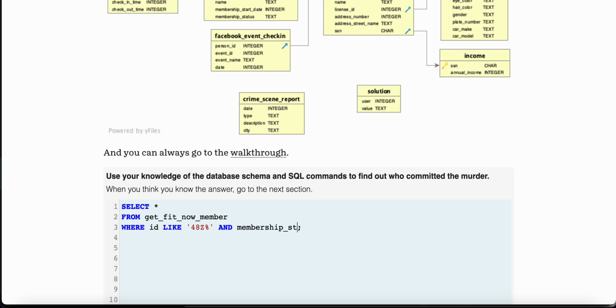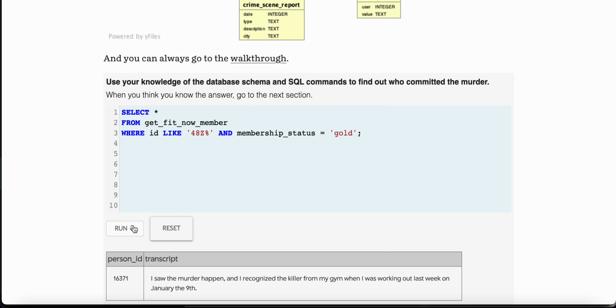Membership status equals to gold. Okay, interesting. All right, let's see who is that.